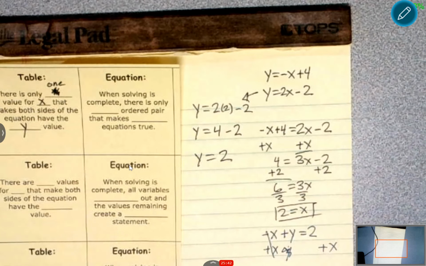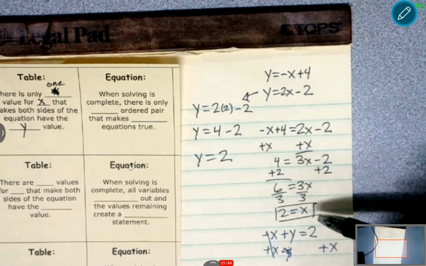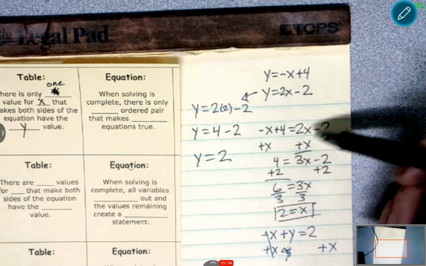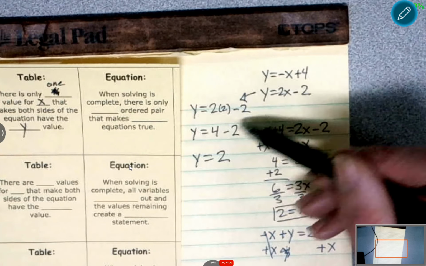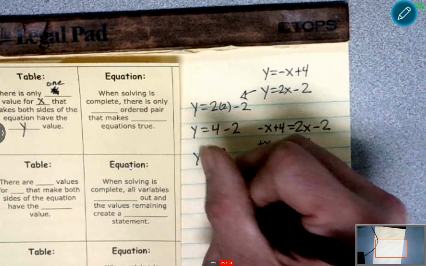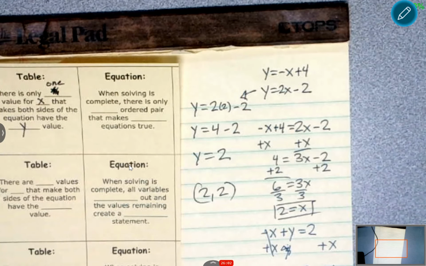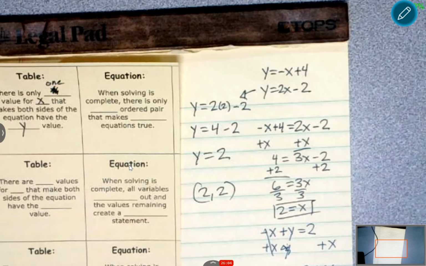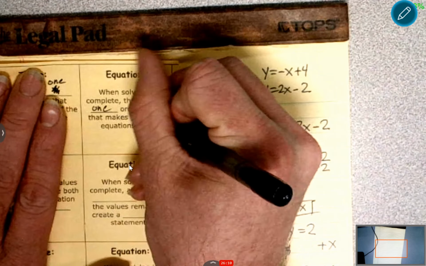So, essentially, you can set the two equations equal to each other, solve it, find the x value that makes these two equations equal, and then plug that x value into one of them to see the y value that goes with it. And now you have the ordered pair 2, 2, because the x is 2, the y is 2. And there's only one of these ordered pairs that makes both equations true.